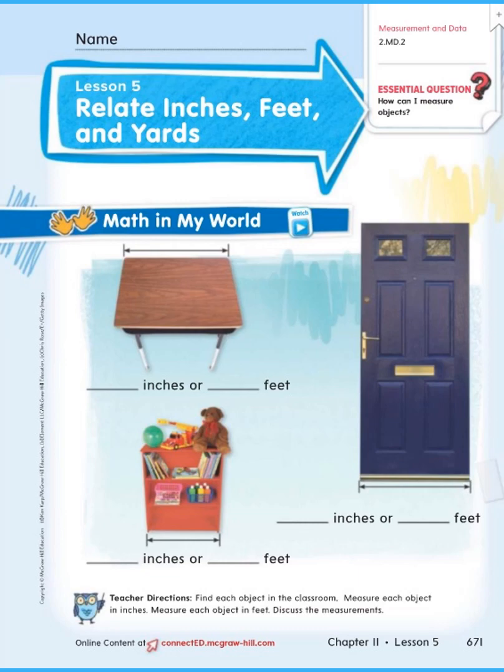So, it says here, find each object in the classroom, which we can't do, measure each object in inches, measure each object in feet. Well, let's look at this desk here, and I'm going to tell you that from one end to the other, it is 36 inches.